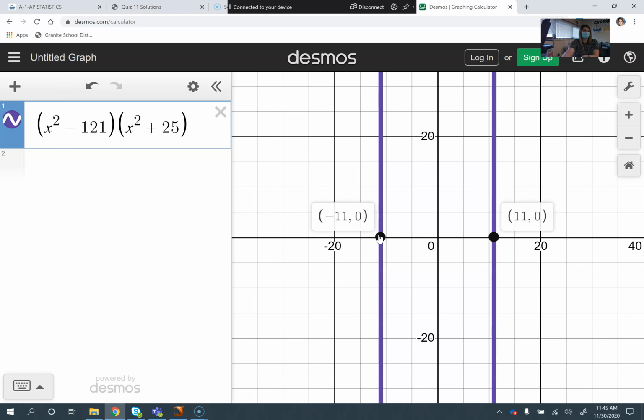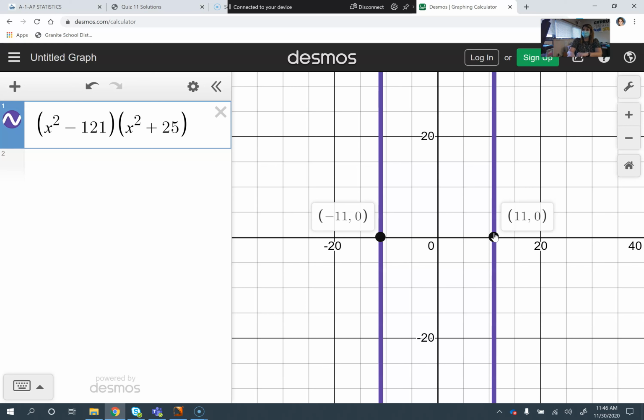Does this make a little bit of sense, what I'm saying? So I'm going to say that again. We started this problem by knowing we were going to have a total of 4 roots. True story? Yes? So I go to Desmos and I plug it in. On the other screen you can see it, and I only see 2 roots. What that means is 2 of your roots are real, because remember, these are your x-intercepts, you can see them, and 2 of your roots have to be imaginary, and you can't see them.